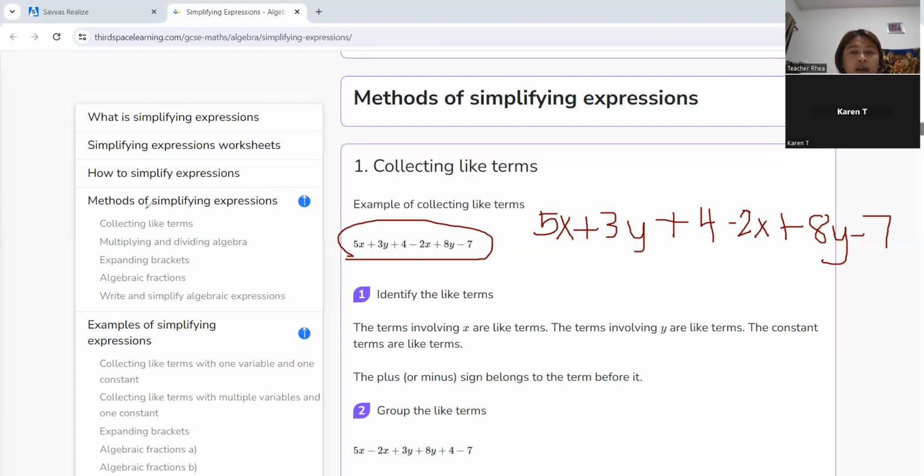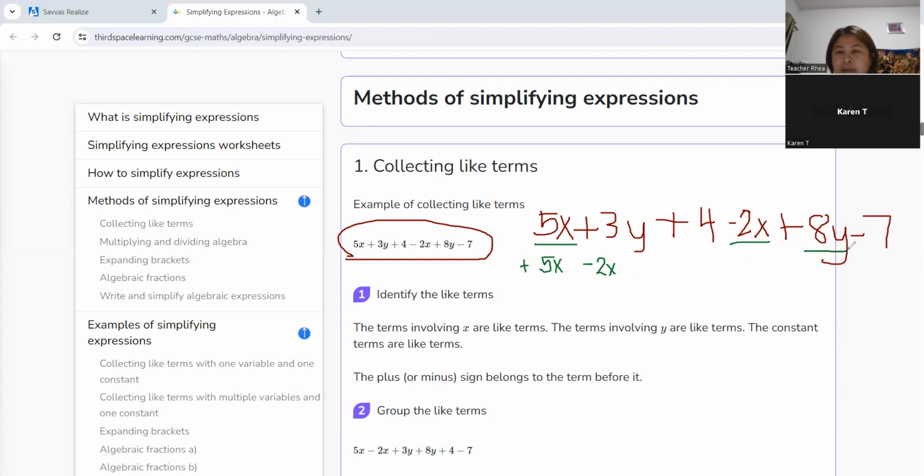So what are the like terms in this algebraic expression, Yousif? 5x and 2x. So we're going to list down positive 5x and negative 2x. Do not forget to include the sign. What else? 8y and 3y.